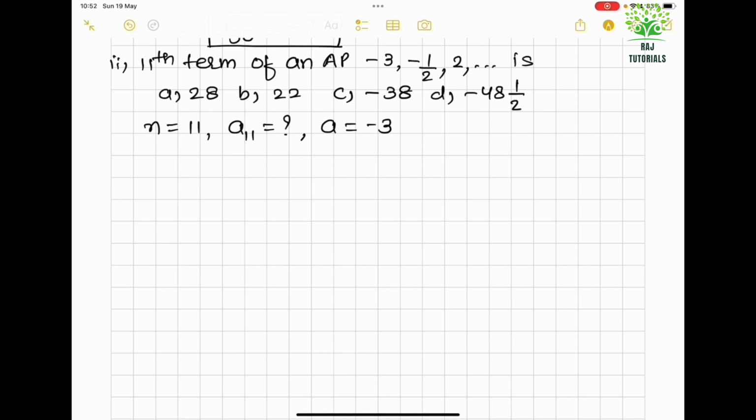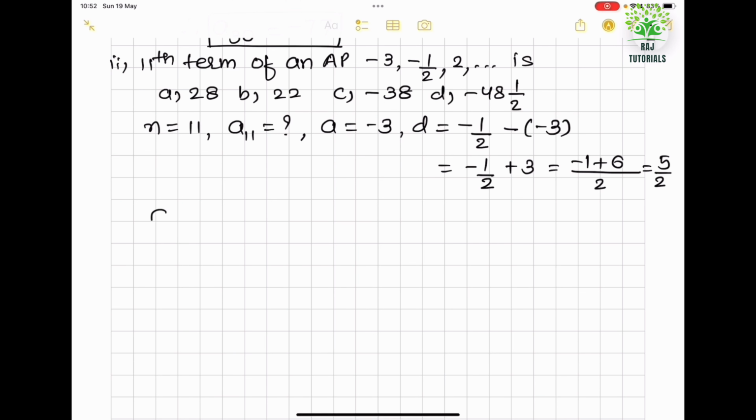a is minus 3, d will be minus 1 by 2 minus of minus 3. So it will be minus half plus 3. Doing LCM here, minus 1 plus 6 over 2, so 5 by 2.